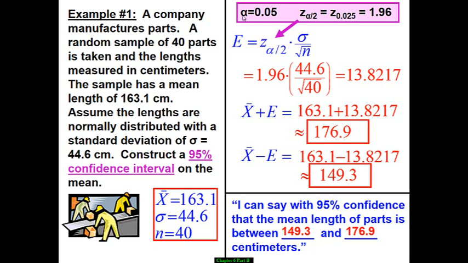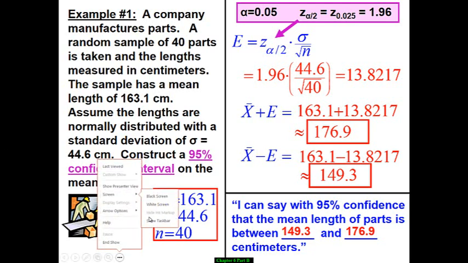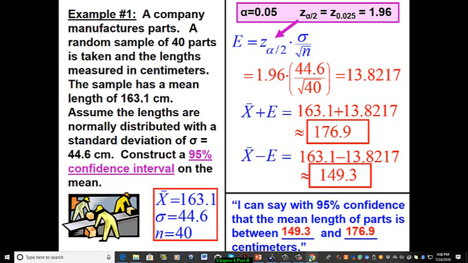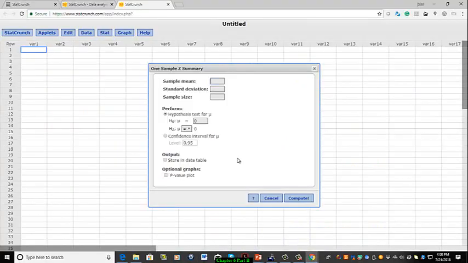Back in StatCrunch, we enter our numbers: sample mean 163.1, standard deviation 44.6, sample size 40.